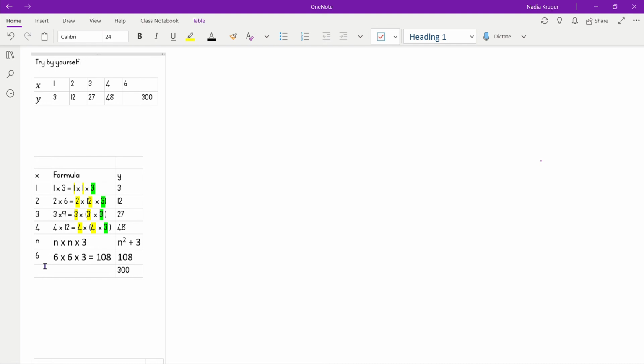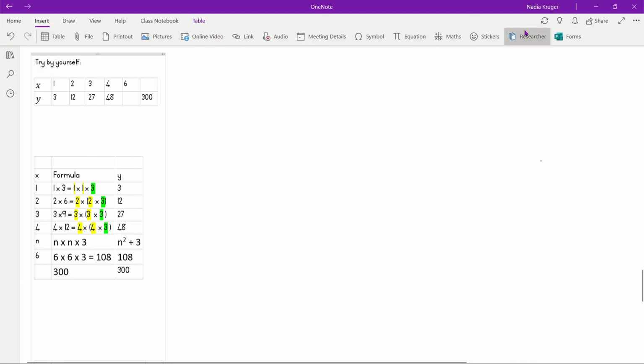Now they do something strange. They give us our answer and we have to go backwards. So we take 300 and we divide it by 3 to give us 100.